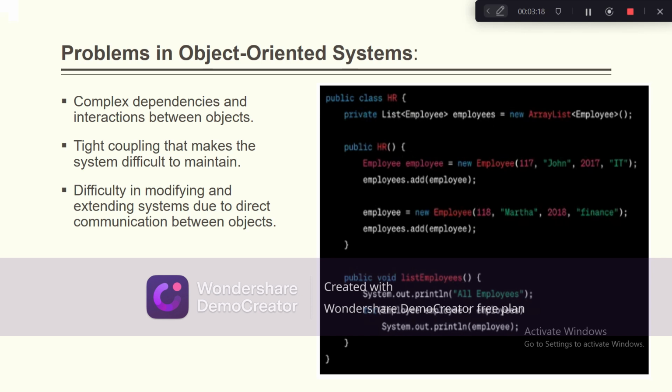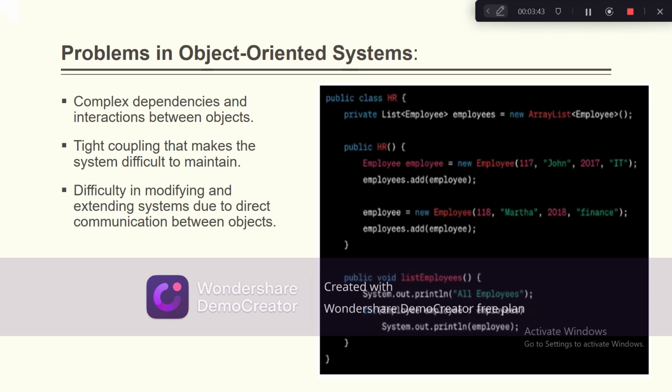So in this example, we have the picture over here. We see that the HR class is dependent on the employee class. It creates an instance of employee in its constructor and in the list employees method. The HR class's role is to manage employee objects. So the HR class is managing employee objects and also creating them.